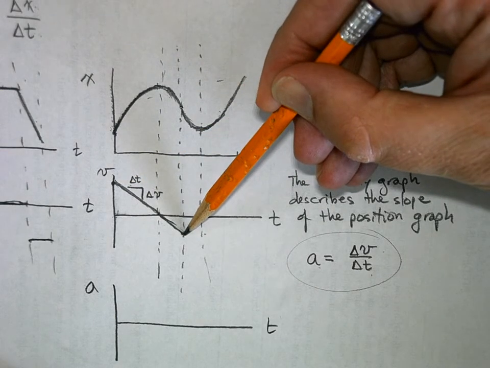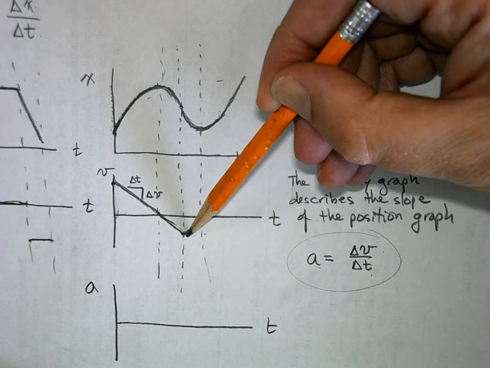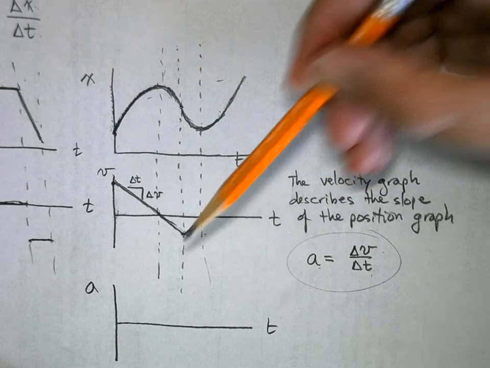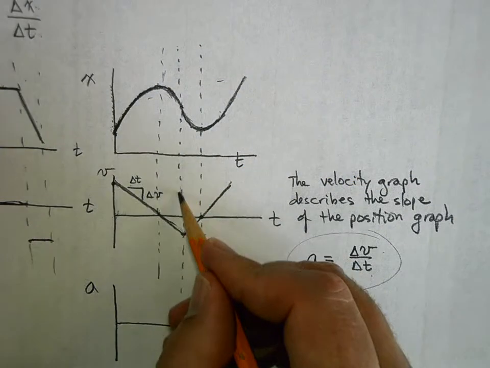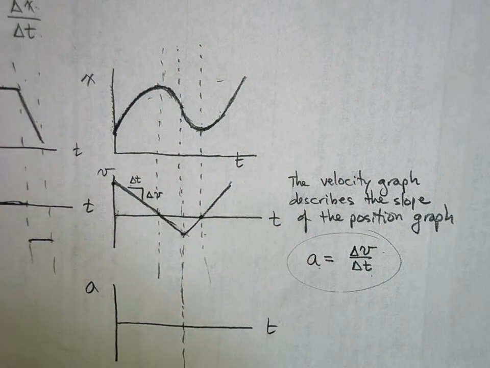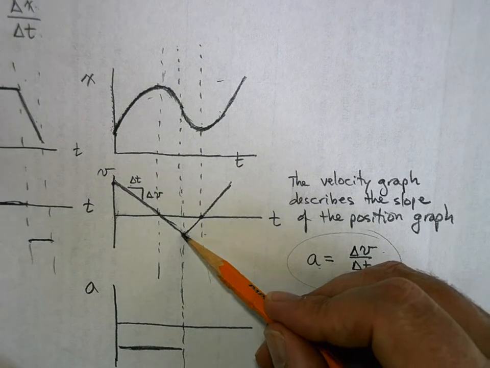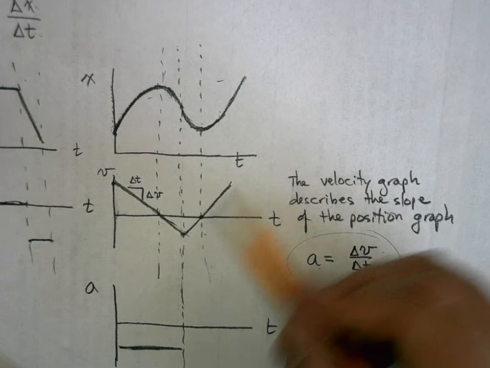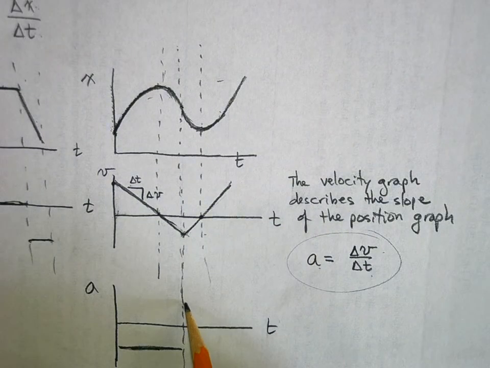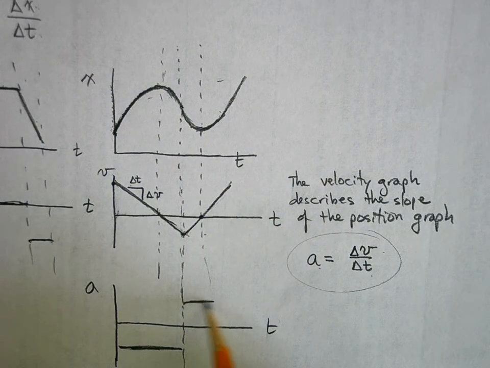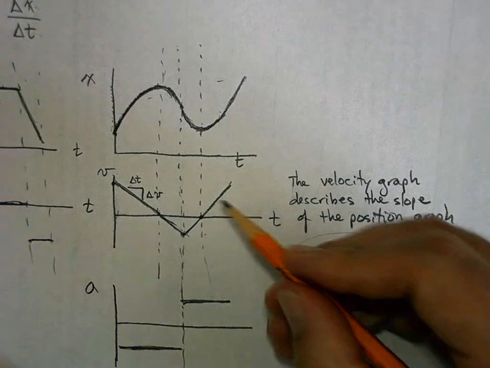It's constant, and it's negative. So therefore, my acceleration all the way down here, I have a negative acceleration. Then what happens to my acceleration right here? It changes to a positive acceleration. And it stays constant.